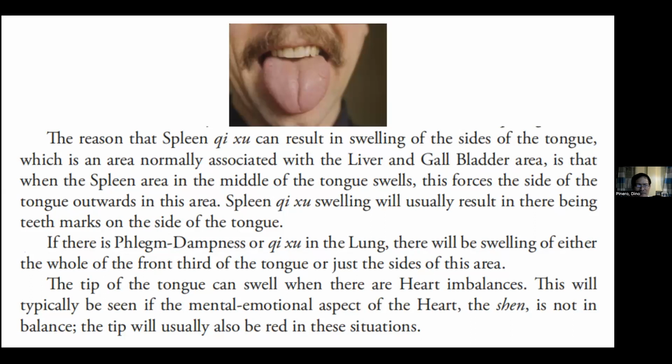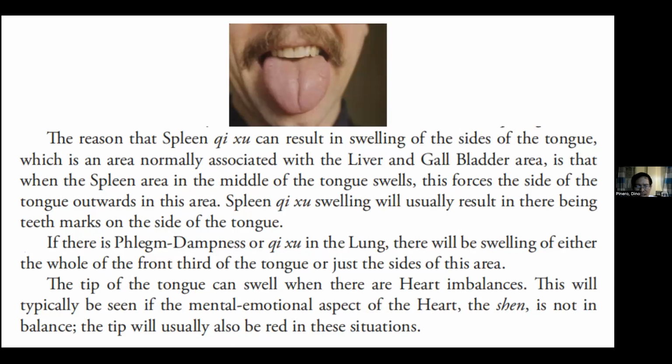If we divide the tongue into three parts, only the front third swells. When we see that, we could say that there is phlegm dampness or qi deficiency. It is also possible that only one side, half of the front third, has the swelling, which also indicates phlegm dampness or qi deficiency in the lung.